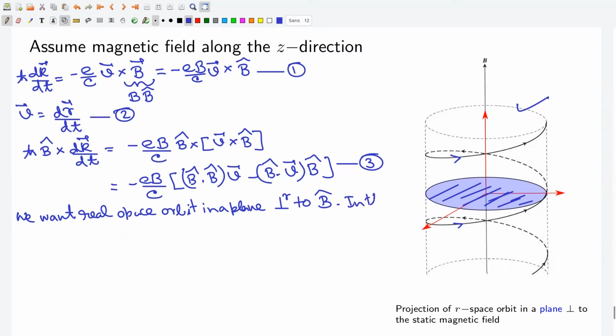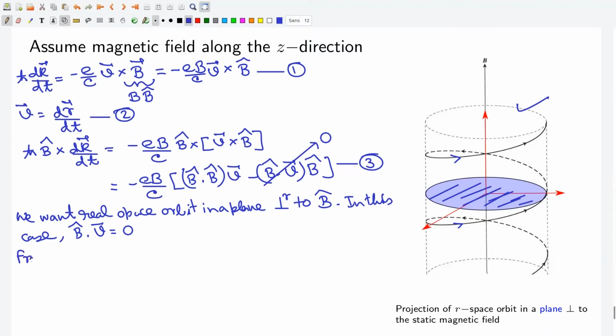In this case, B hat dot v is equal to 0, so this term is 0.